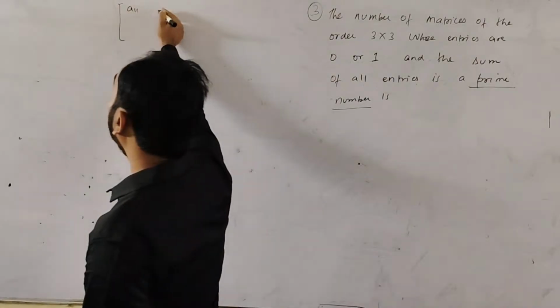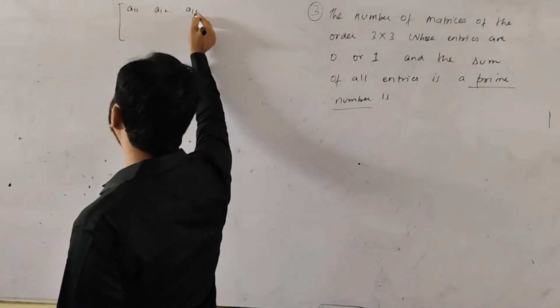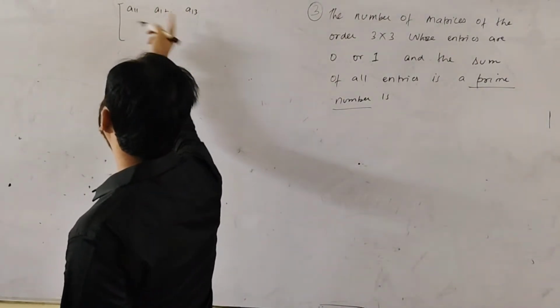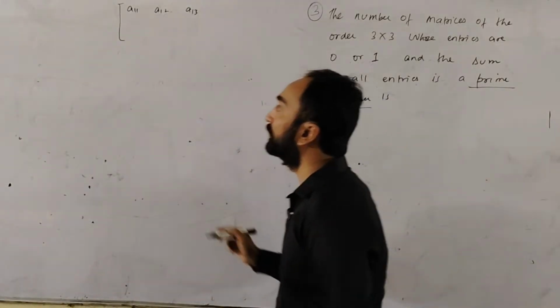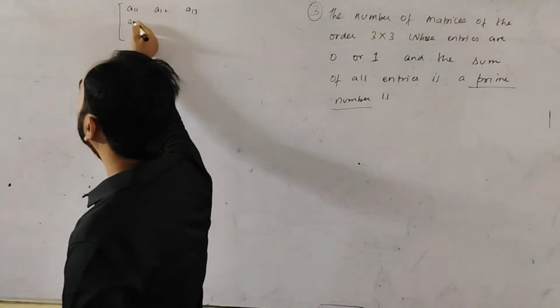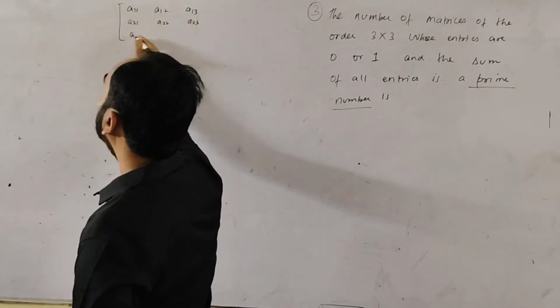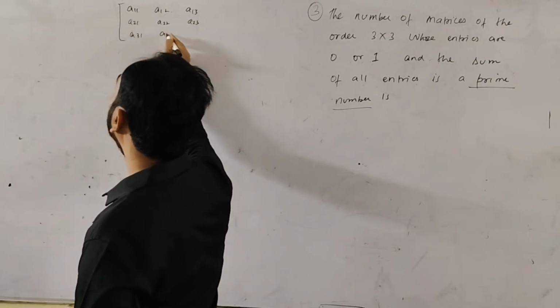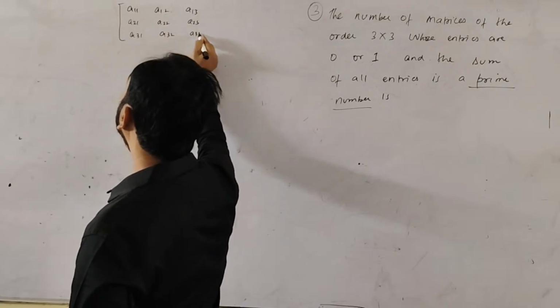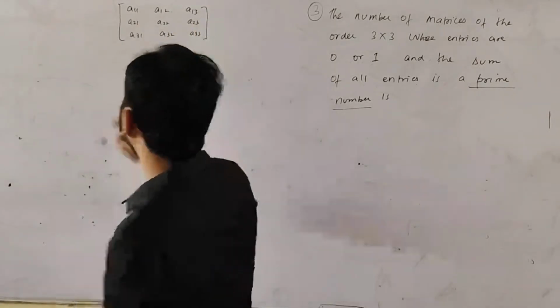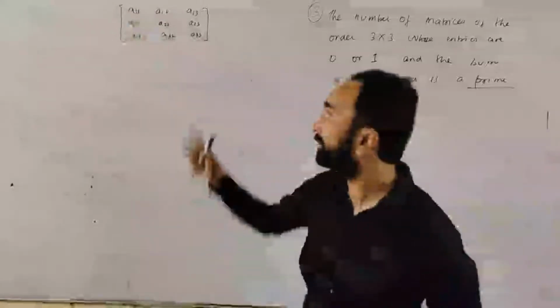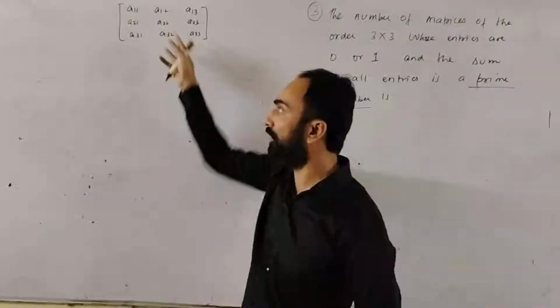Similarly, I can write it as A12, A13. And this could be written as A21, A22, A23. And the last row A31, A32, A33, right? Similarly, A32 represents third row, second column.